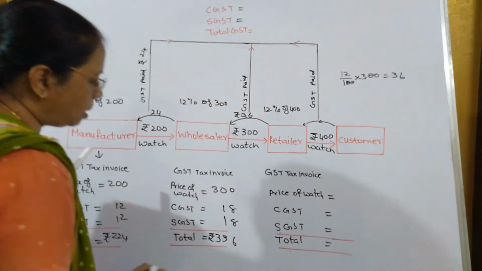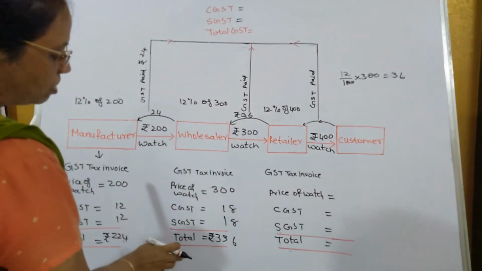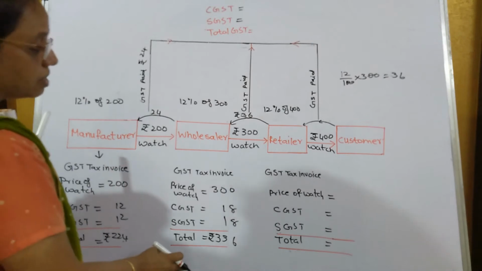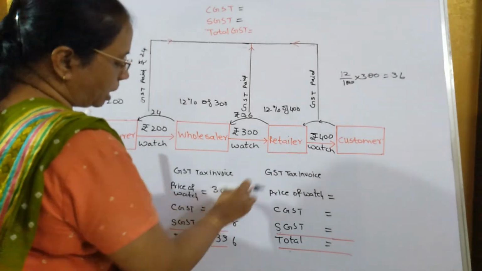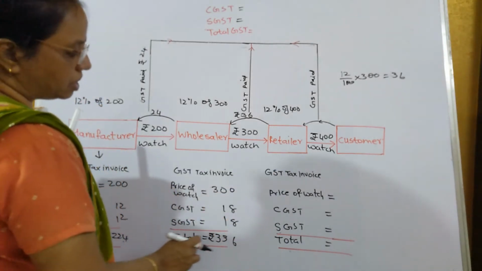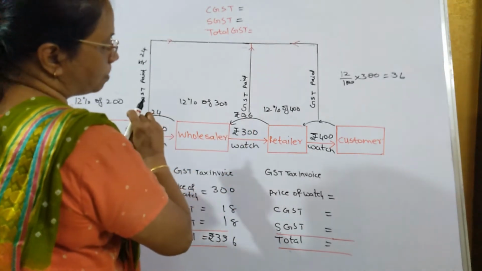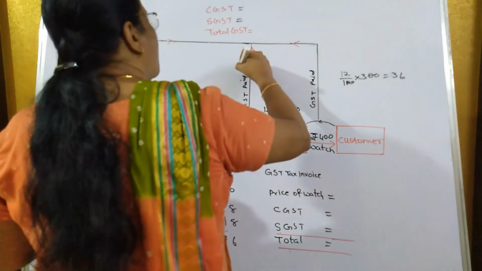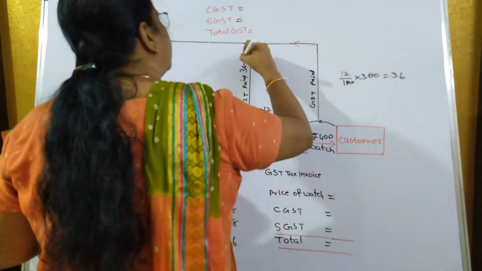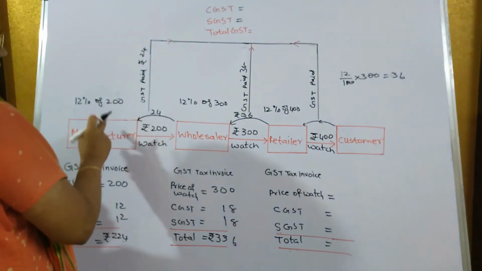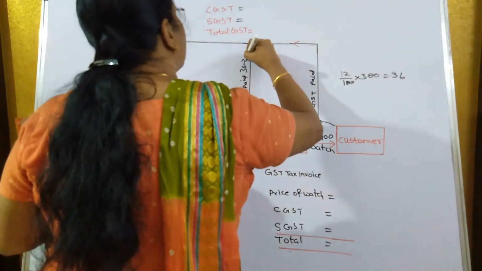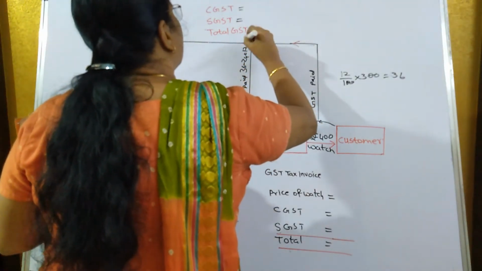So in the GST tax invoice to the retailer will be how much? 336. Out of this 36 rupees, 300 में से जो 36 rupees उसको मिला था उसमें से 24 was already paid by the manufacturer, so minus 24, so he has to pay only 12 rupees.